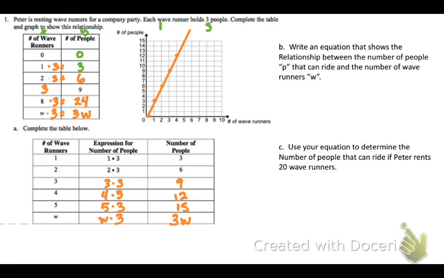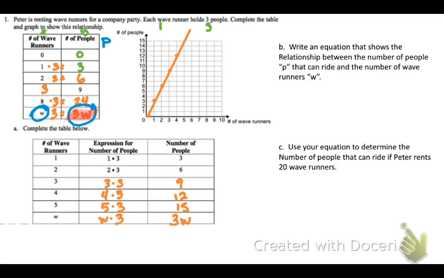All right, so now let's write an equation where our number of people is actually now the letter P. So I'm going to change to blue so you can see that. So our number of people now are P, and we have this W down here. So the equation, what we do is we take what we get in our pattern, and I'm circling it, and I'm going to highlight it in red so you see it even more.